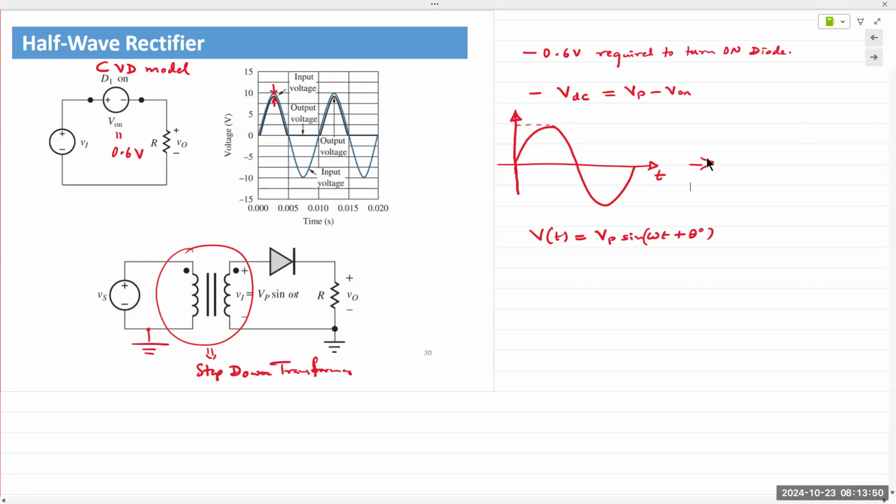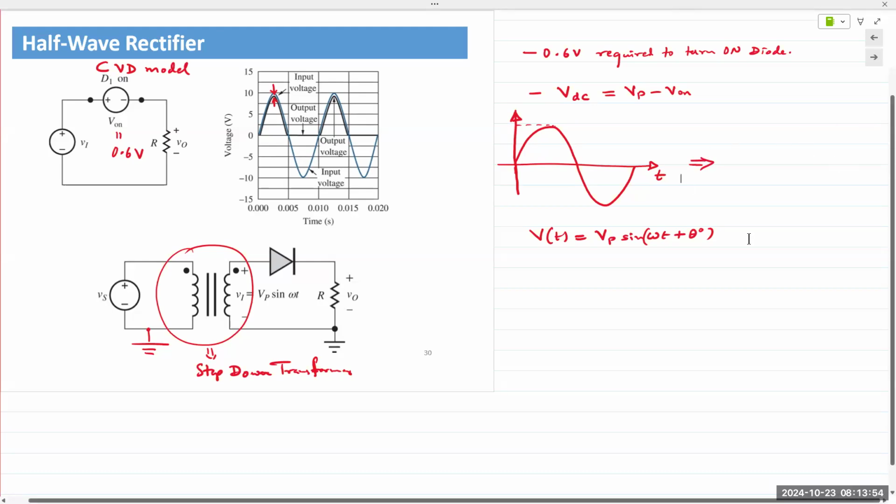Now, the time varying waveform can be represented as a vector that is rotating inside a circle. I should have drawn the circle first. Okay.